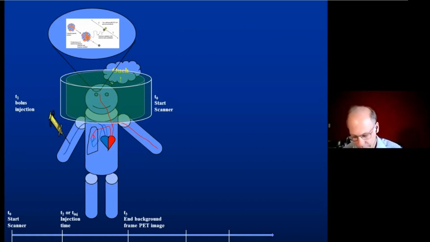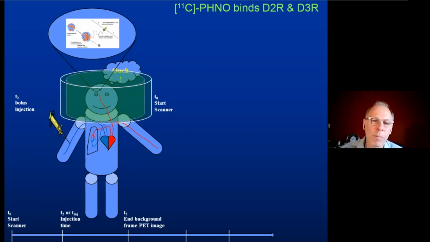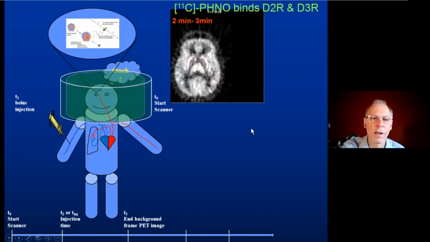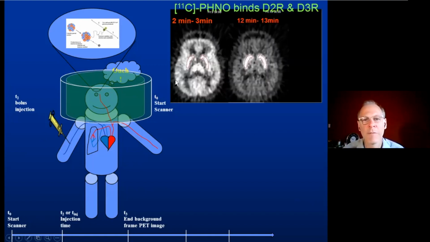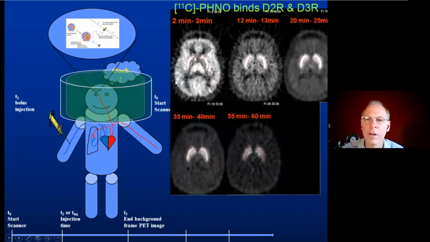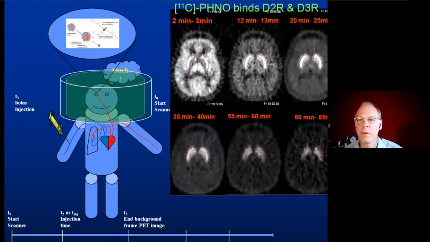So to make quantitative brain PET, rather than look at a picture of the brain, we look at a movie of the radioactivity in the brain. So for example, we inject a radioligand in the veins, and after that we start to acquire the PET image, and the radioactivity in the brain evolves along the time.